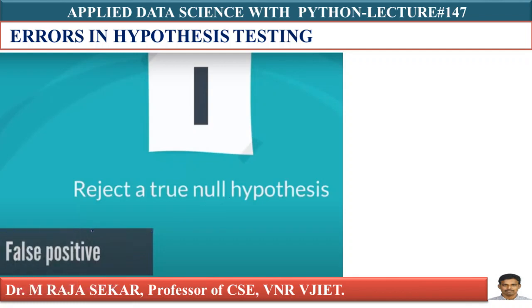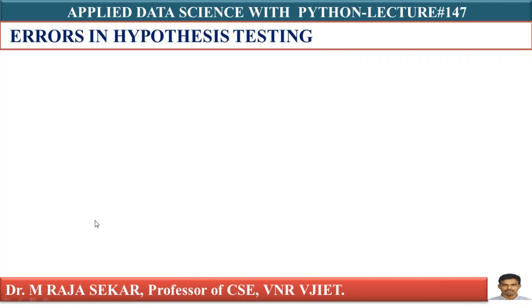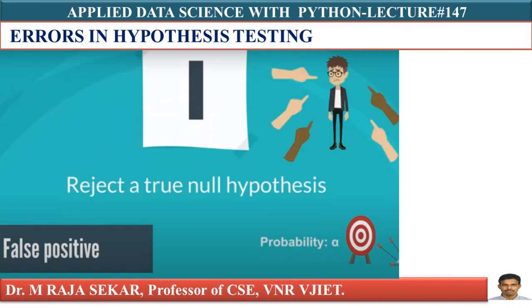The probability of making this error is alpha. You can say this is the level of significance. We discussed this level of significance in our previous lectures. Let me repeat this point: the probability of making type 1 error is alpha, and that alpha is known as the level of significance.